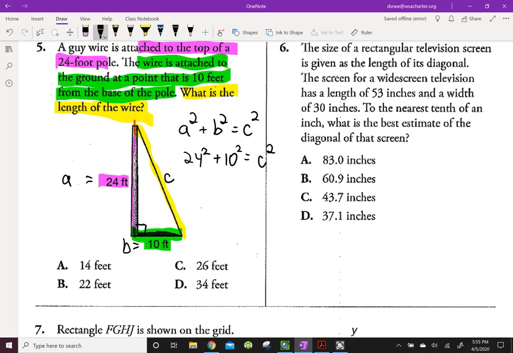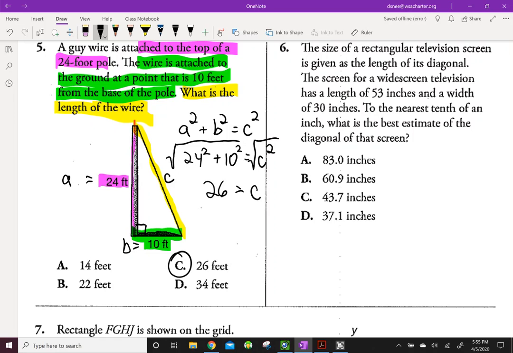And 24 squared, use your calculators, 24 to the second power plus 10 to the second power is 676. And then we take the square root of 676 and find that 26 is in fact equal to C. Okay, so C is equal to 26 feet.